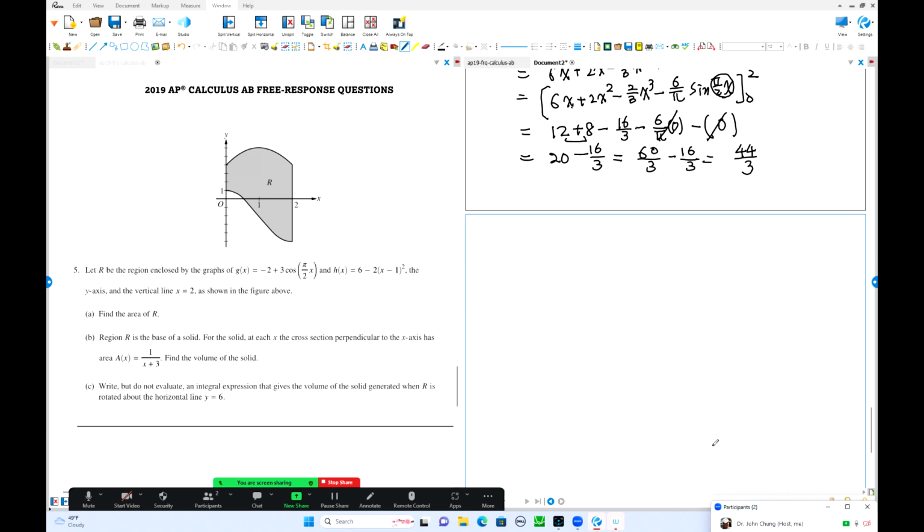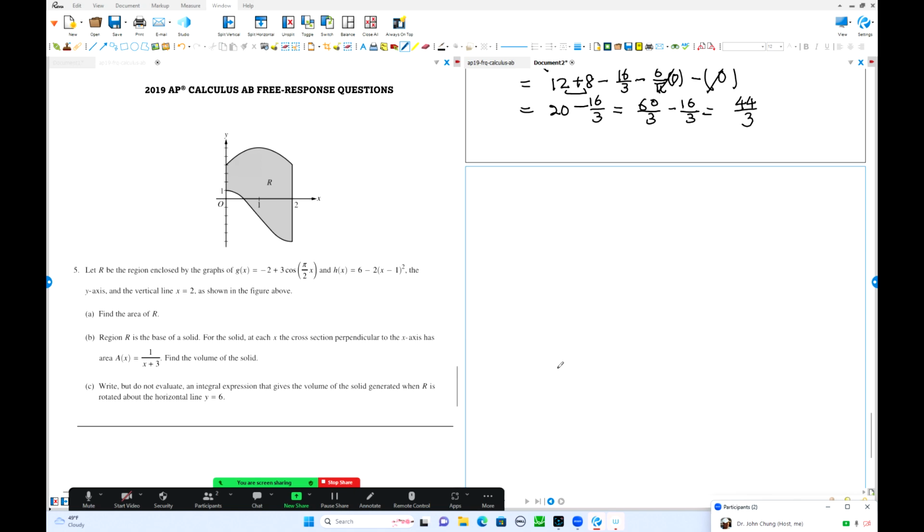Okay, sorry. All right, the next one is region R is the base of a solid. This is not kind of land. We're going to construct some things on this land. Already they gave this one. You remember, right? The construction, the solid type is what?